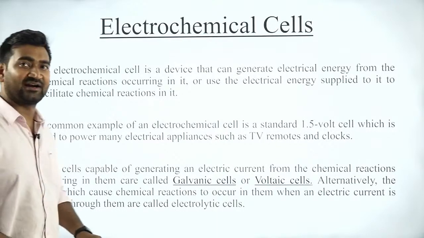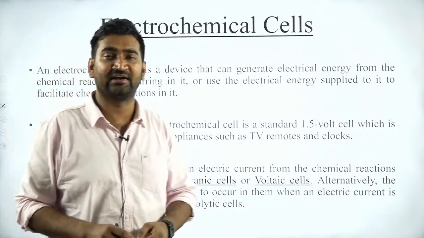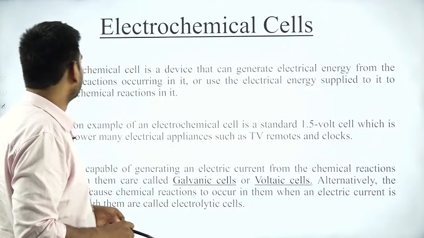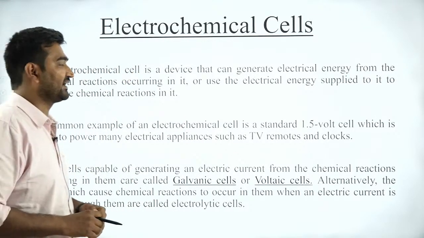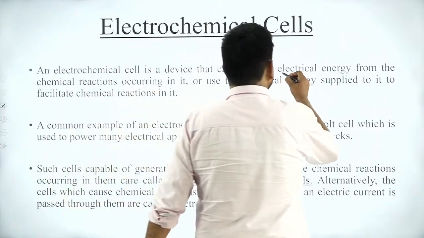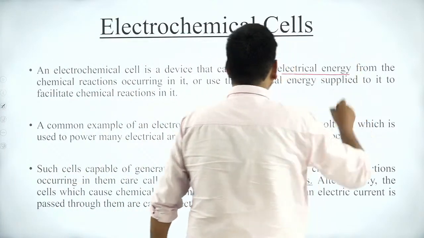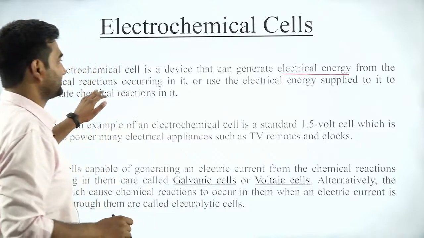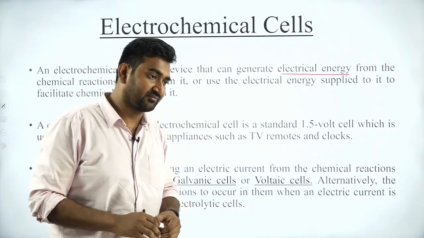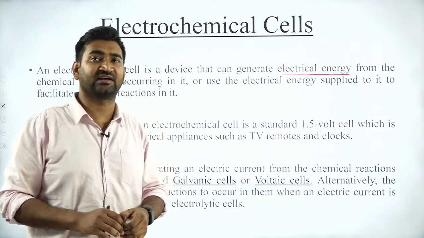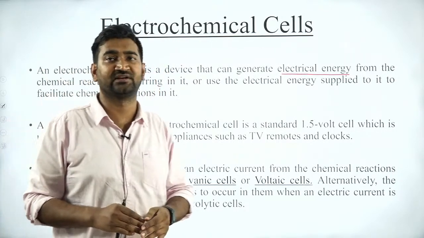So first of all, electrochemical cells. How do I define the electrochemical cells? An electrochemical cell is a device that can generate electrical energy from the chemical reactions occurring in it. When we talk about the chemical reaction occurring in it, we are actually saying that redox reactions happen here.